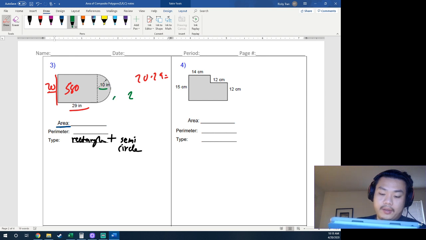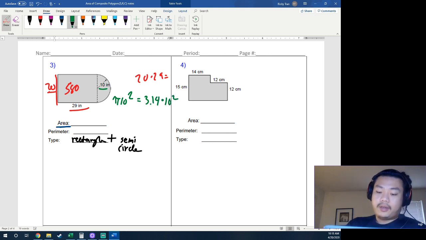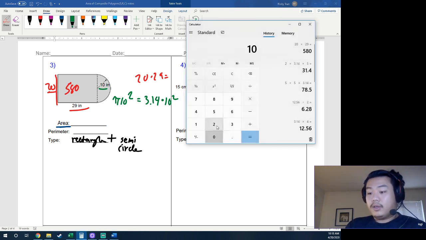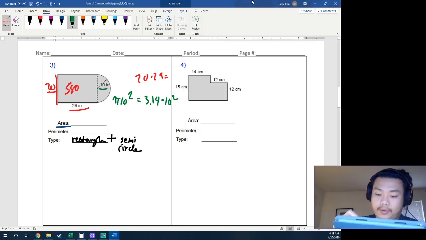So it's going to be pi times 10 squared, which is 3.14 times 10 squared, or 100 times 3.14, which is 314. So 314.